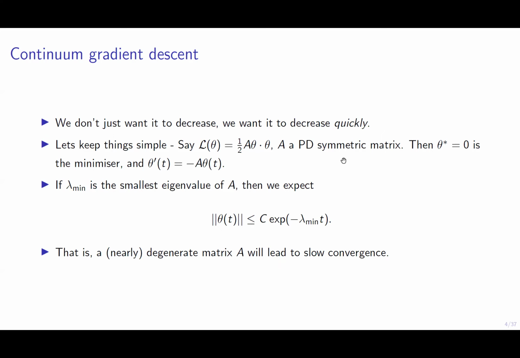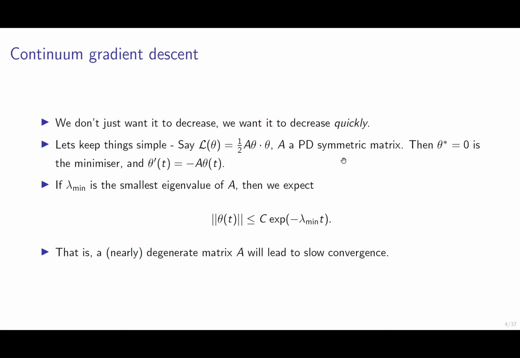Just to do a very simple quantitative analysis, if we have that our loss function is just some kind of quadratic function like this, we have a positive definite symmetric matrix A, and our loss is just half A theta dot theta. This is a vector. Well, our global minimum is theta equal to 0, and the ODE is very simple, right?